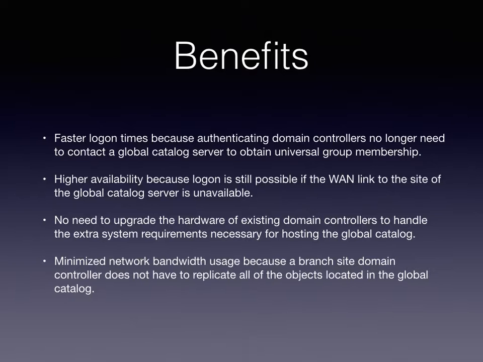There is no need to upgrade the hardware of existing domain controllers to handle the extra system requirements necessary for hosting the global catalog, and it minimizes network bandwidth usage because a branch site domain controller does not have to replicate all of the objects located in the global catalog.